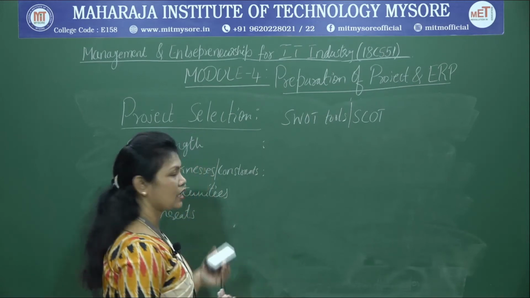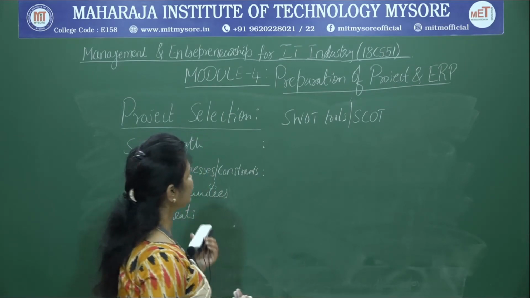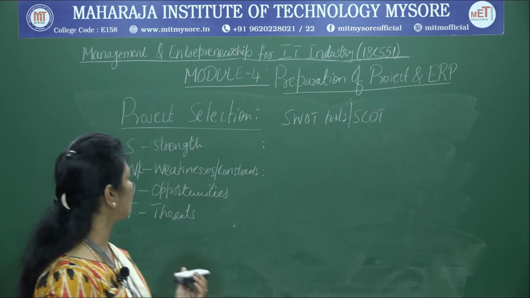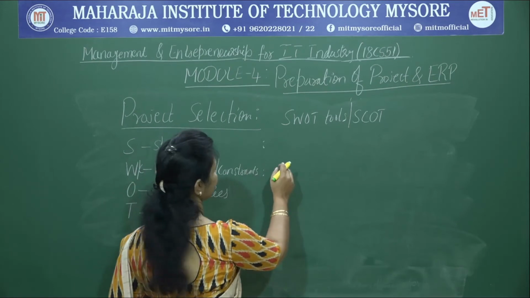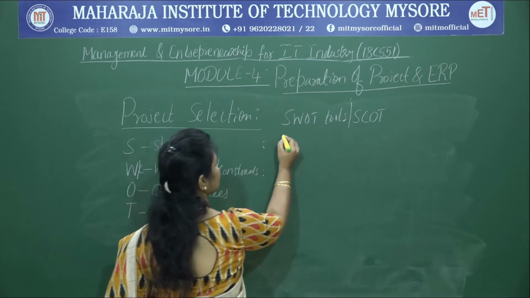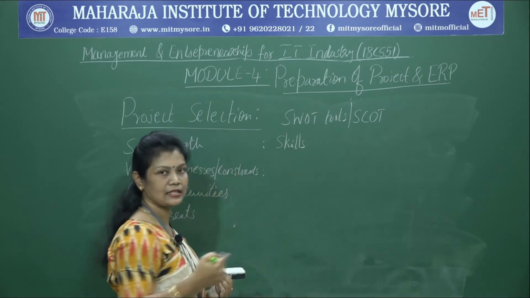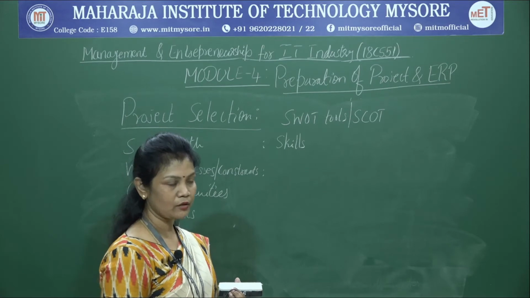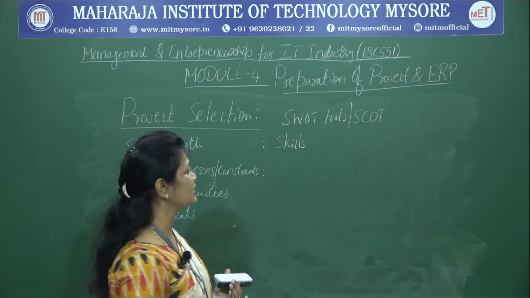For this they are going to make use of the SWOT or SCOT tool, that is strengths, weaknesses, opportunities and then threats. So what are the strengths according to the entrepreneur? So here strengths are nothing but the skills that are needed in order to carry out that particular project which the entrepreneur has selected.